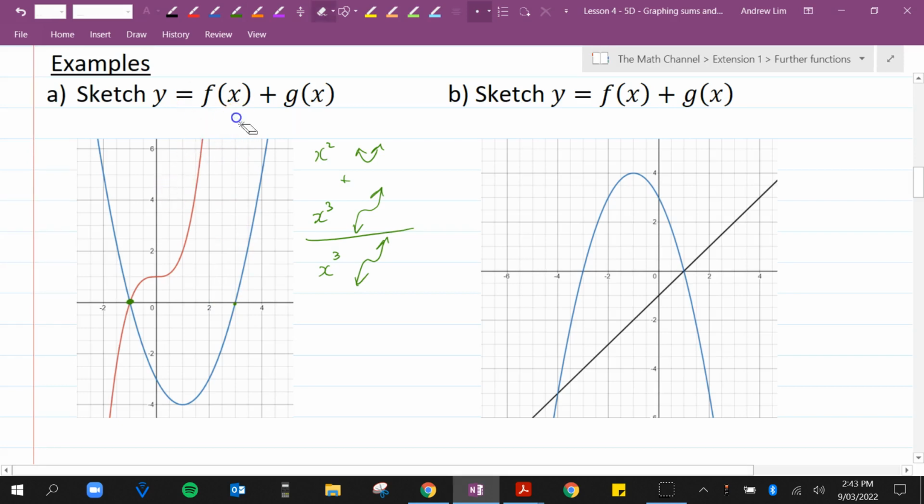I don't know what it is, but I do know it's going to be up here. Alright, it seems like there's nothing else, so I'm just going to look for some easy y values to add. So this has a y value of 1, and this has a y value of minus 3. When we add them together, we'll get minus 2. Here we've got 2 and a y value of minus 4. Add them together will be a y value of negative 2.